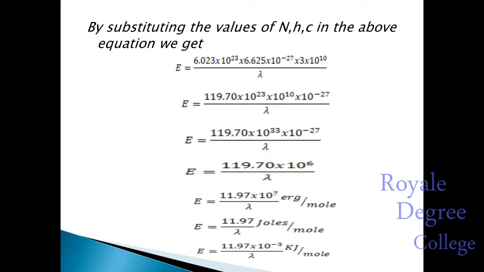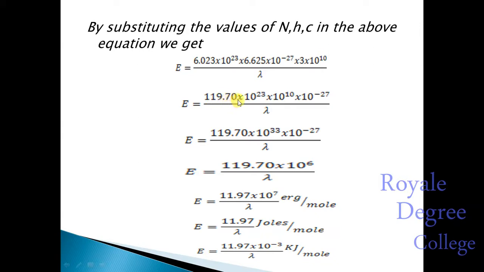By substituting the values of N, h, c in the above equation, we get: E is equal to, in place of N, we write its value 6.023 × 10^23, and in place of h, its value 6.625 × 10^-27, and in place of c, its value 3 × 10^10, divided by λ. Now we multiply these values: 6.023 × 6.625 × 3.